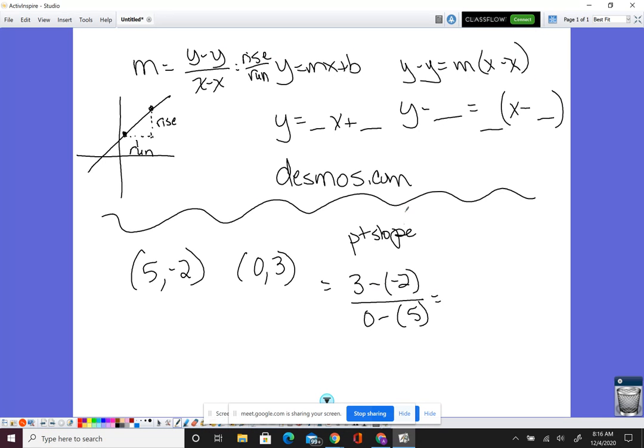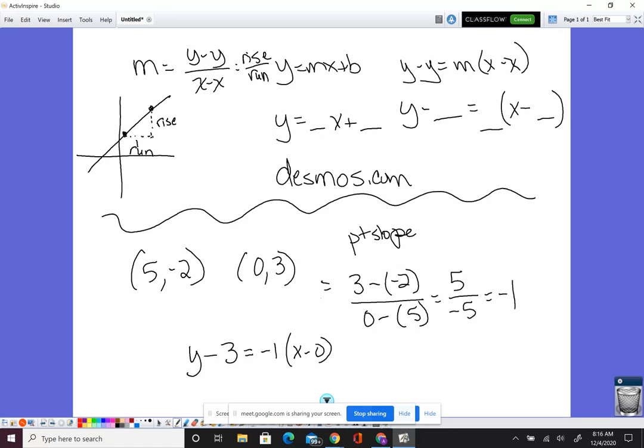So 3 minus negative 2 would be 5. 0 minus 5 would be negative 5. And I get negative 1 as my slope. Once I have my slope, I use one of these points. It doesn't matter which one. y minus 3 equals negative 1 times x minus 0.